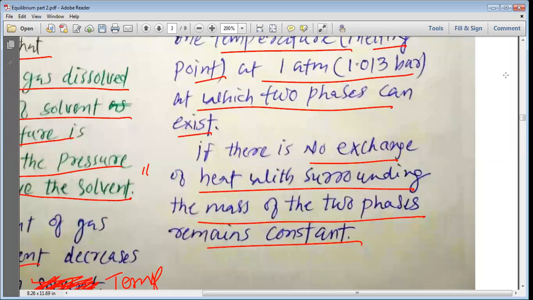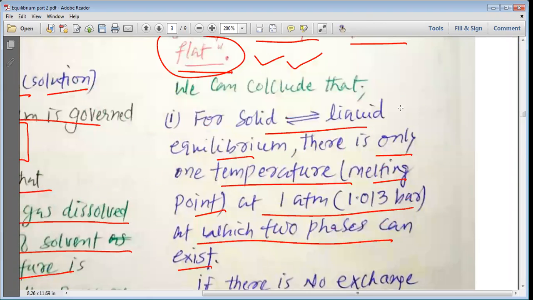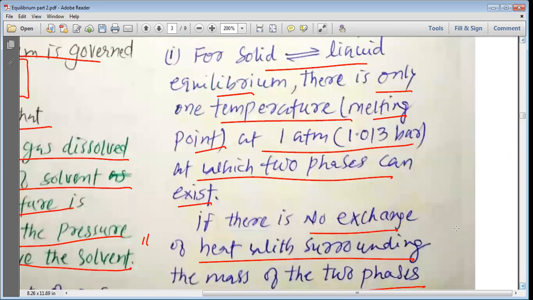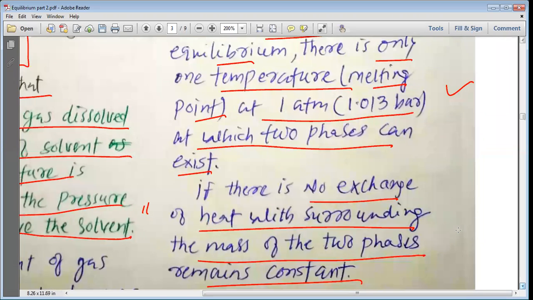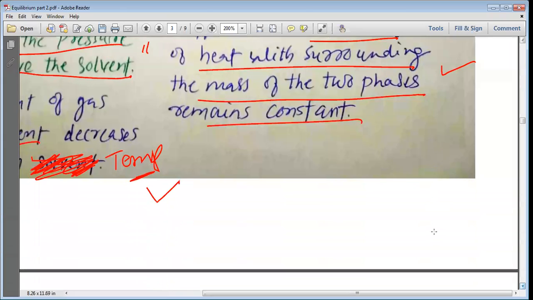So what remains constant during the solid liquid phase transformation or solid liquid equilibrium? We can now say that first thing that remains constant is the temperature, and second thing, if there is no exchange of heat, the mass of the reactants and products, or mass of the solid and liquid, also remains constant.